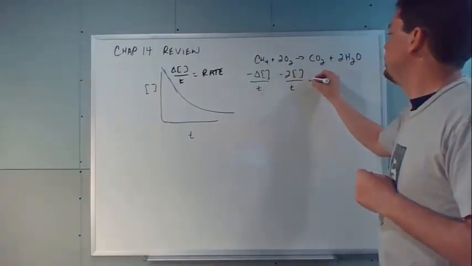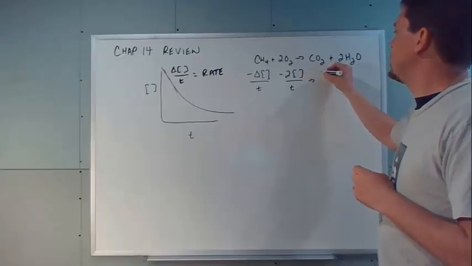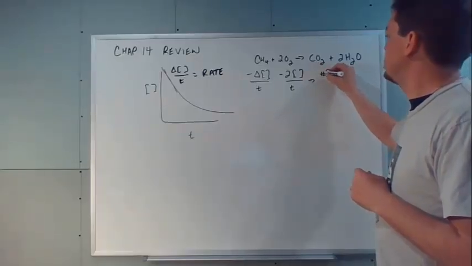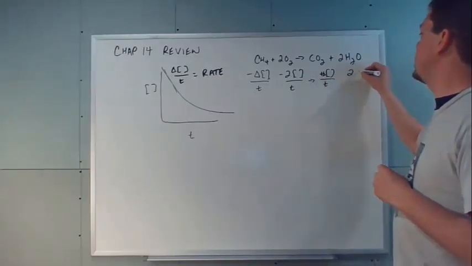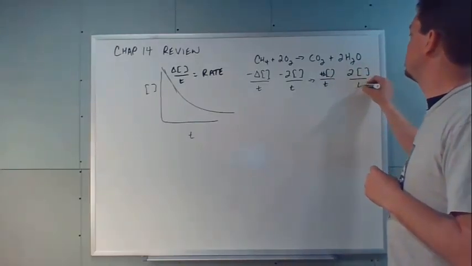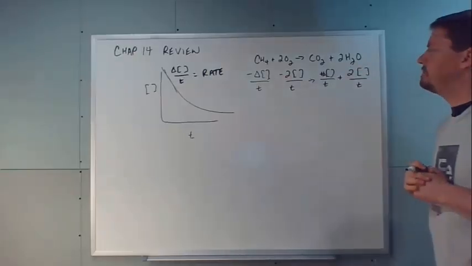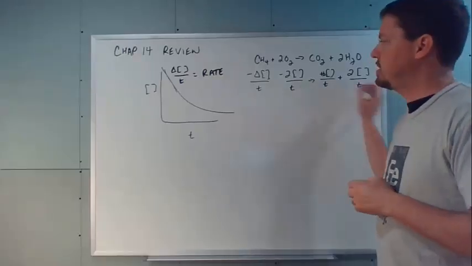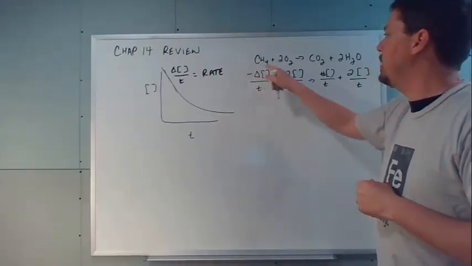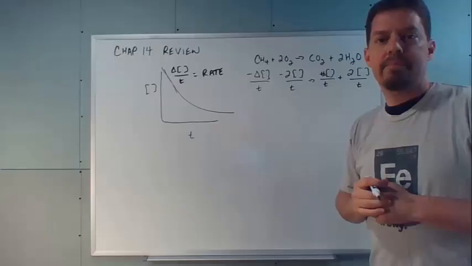And this one over here, the carbon dioxide, is going to increase at that rate, and this one's going to increase at 2 times that rate. All right, so you can predict what the change is going to be in concentrations of these things over time based on the stoichiometry, right?